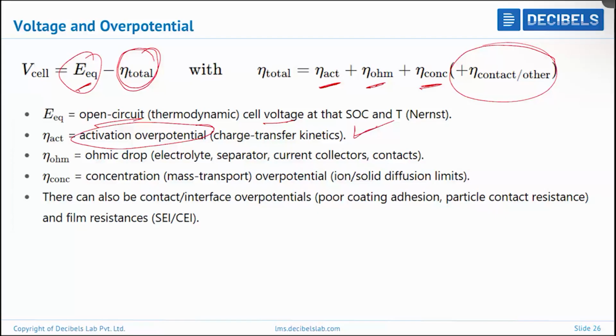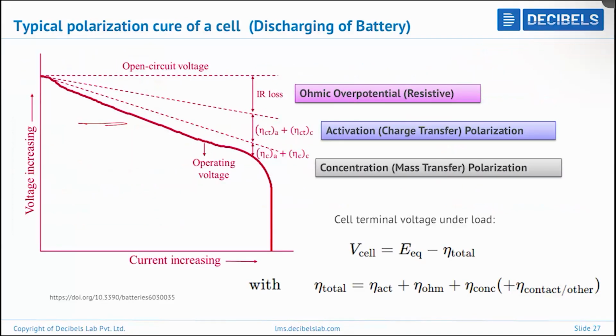This is governed by the Butler-Volmer equation, and this is the ohmic drop. It is because of the electrolyte, separator, current collectors, and contacts. And we have one more contributing factor for the overpotential, that is the concentration or mass transport overpotential. That is the ion solid diffusion limits.